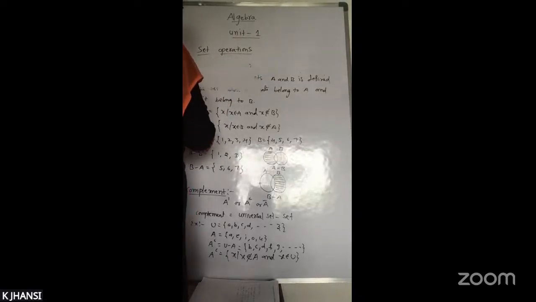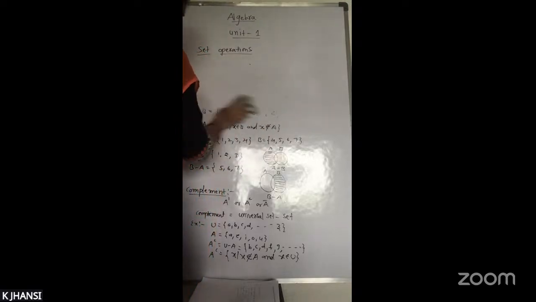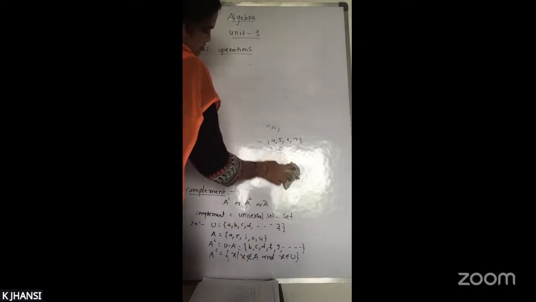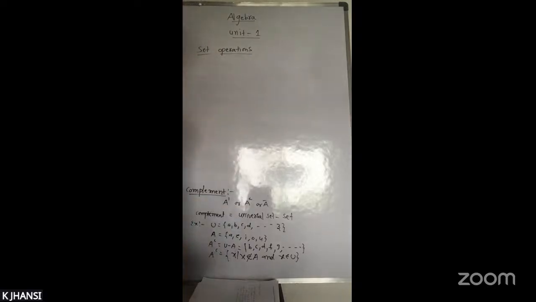Symmetric difference is written as A delta B. So the last operation is symmetric difference.